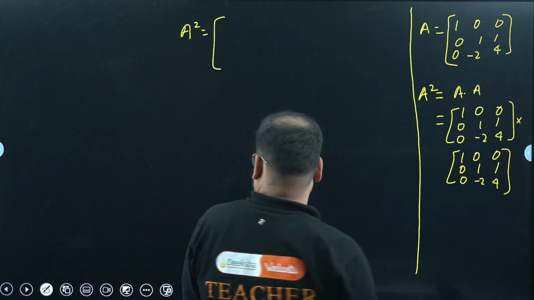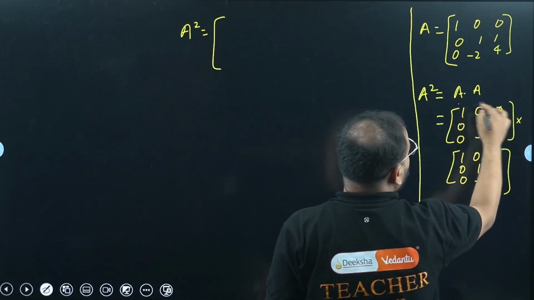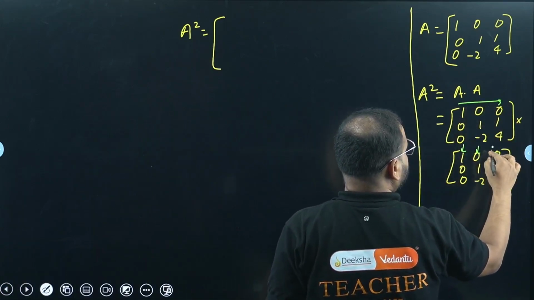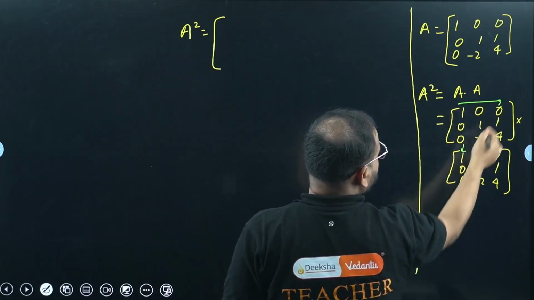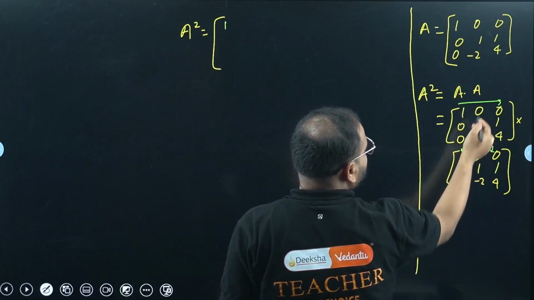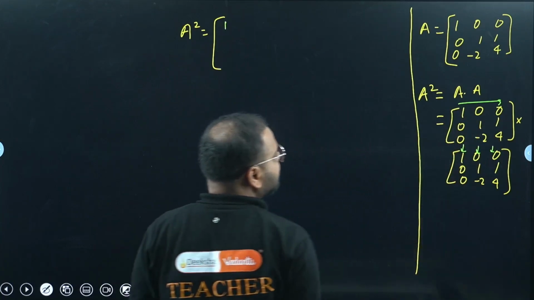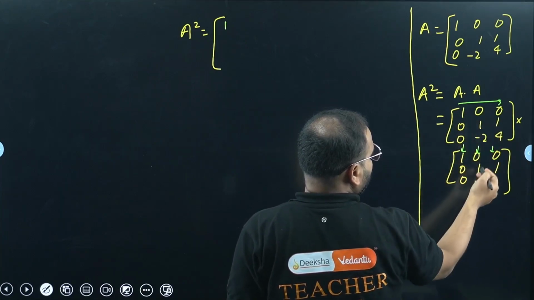First row, first column. So first row we'll do with all the 3 columns. So 1 with 1, 0 with 0, 0 with 0. So answer is just 1. Next, 1 with 0, so 0. 0 with 1, so 0.